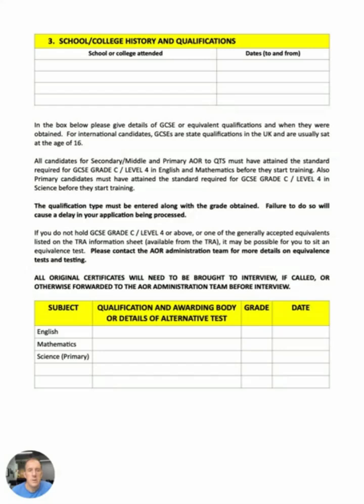So if you are comfortable in doing physics and or chemistry, then by all means do those, but we would always recommend doing the single science biology because that is by far the easiest of the three options to do.